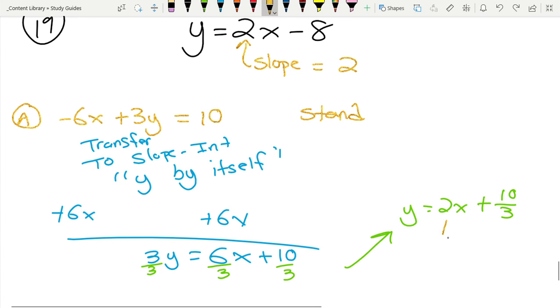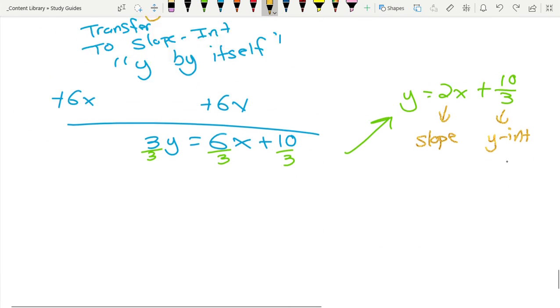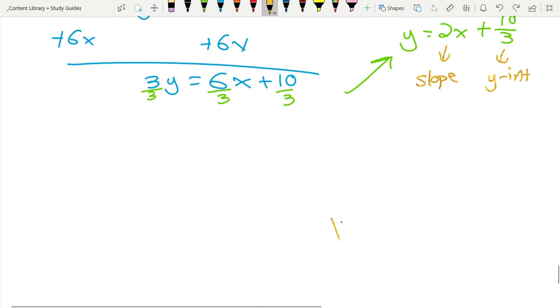So this 2 is my slope. The 10/3 is my y-intercept. This equation had a slope of 2 and a y-intercept of negative 8. So therefore, same slope, different y-intercepts means you are parallel.